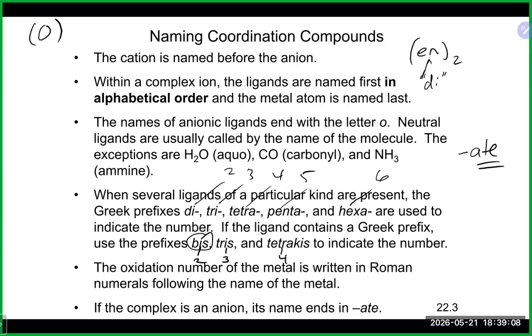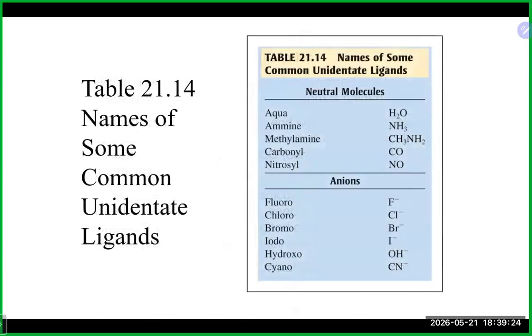Zincate, plumbate, all those older school names you probably learned when they said, nah, we don't use those names, we use Roman numerals nowadays. For those that are negative, we use those older school names that end in -ate. So let's take a look at some of these names of ligands.